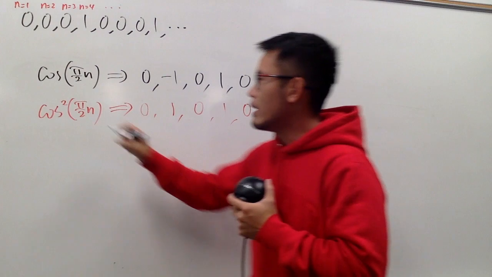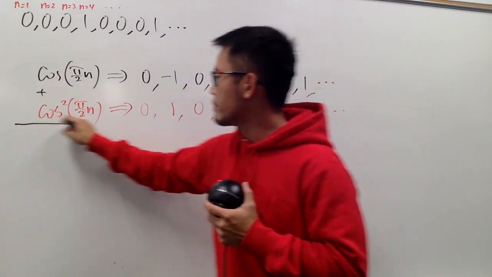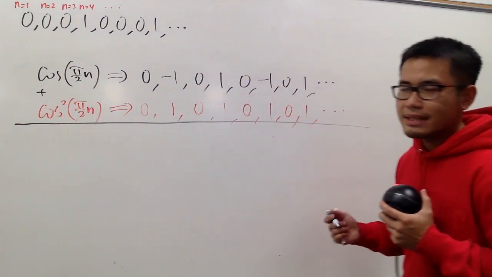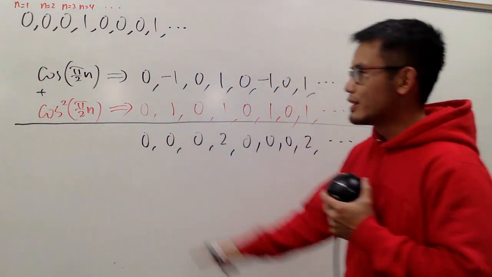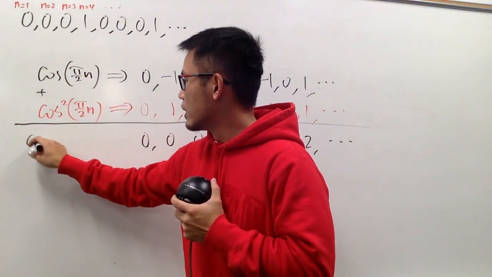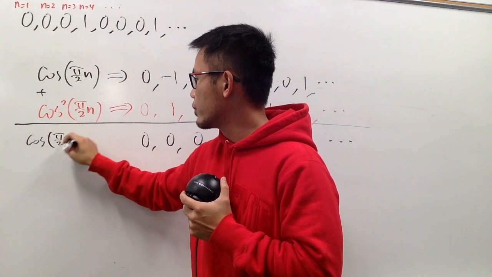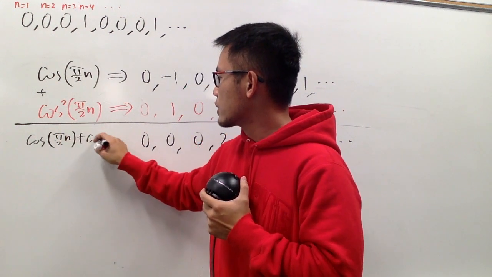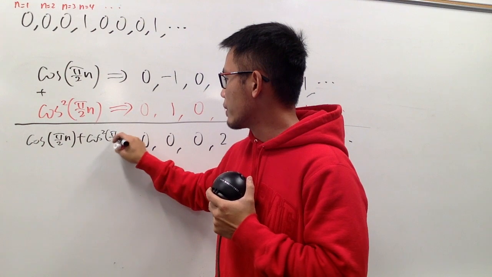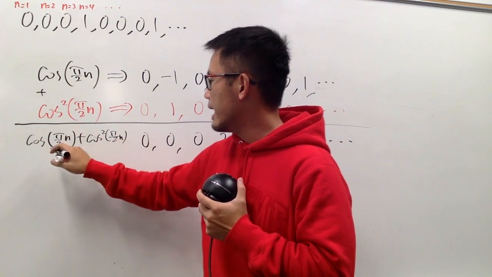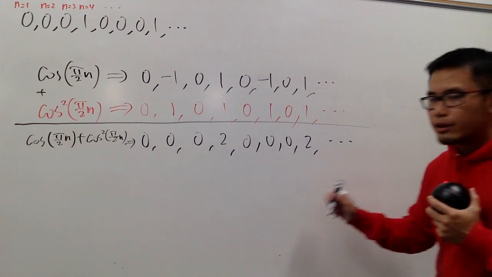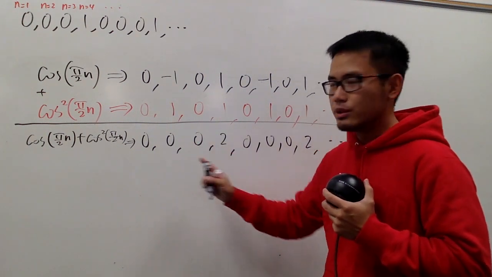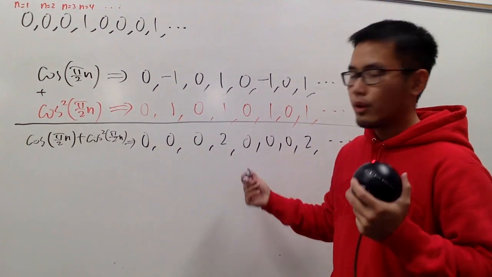And all in all now, I just have to add them up. Let me just write this down first. This is cosine of pi over 2n plus cosine square of pi over 2n. And this is going to produce this. I don't want 0, 0, 0, 2. I want 0, 0, 0, 1. Well, what can we do?